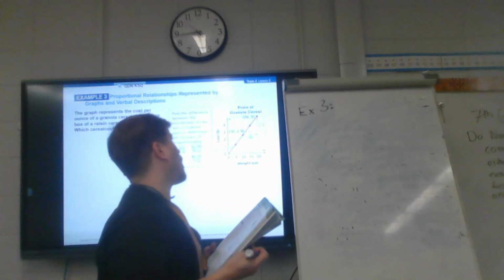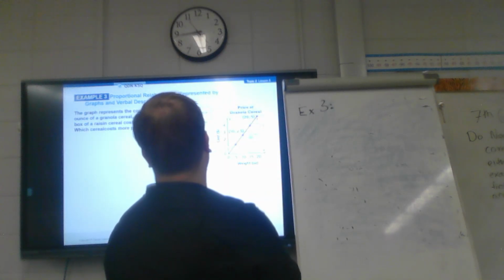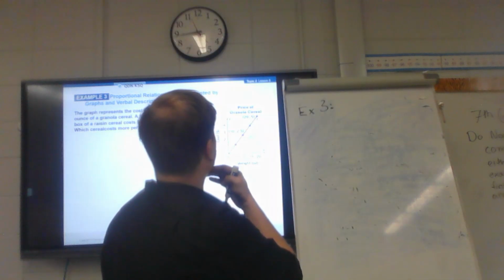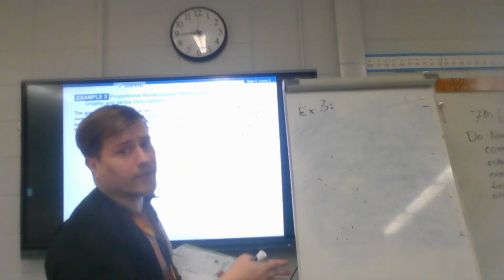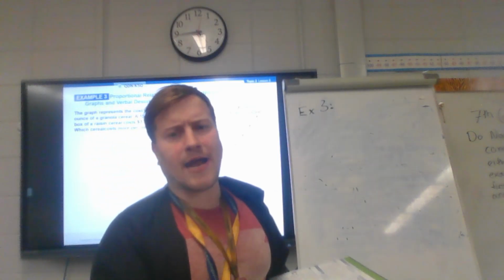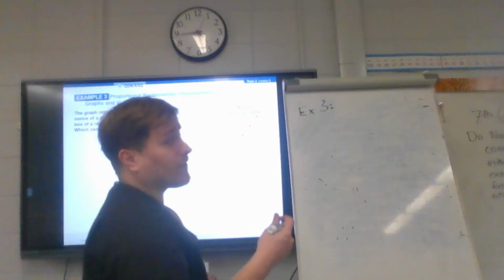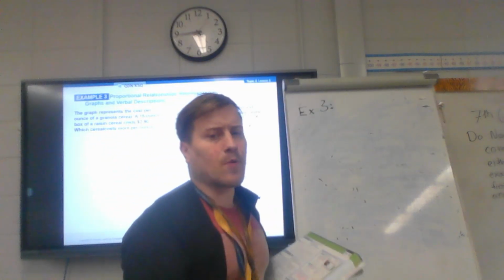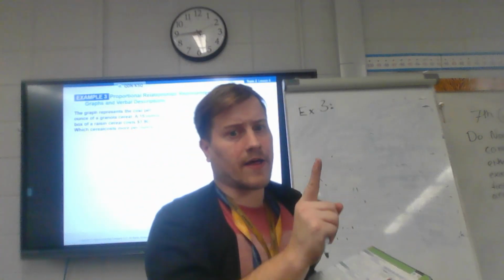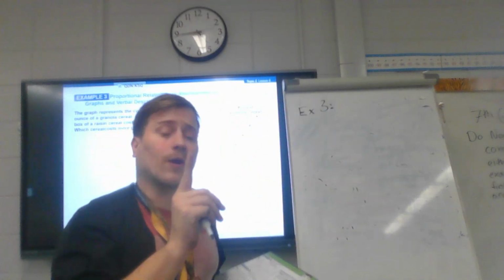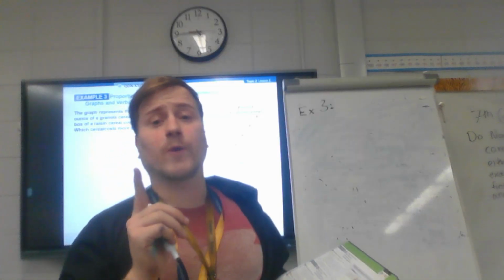So in order to solve this, the first thing I'm going to do is find what the graph does. Now you can go either way. You can find out which per ounce it is better. But once again, we're finding a unit rate. We're finding constant of proportionality. We're finding out how much one thing happens for every one of the other. Now this is slightly different, but it's also another very important one in the real world.